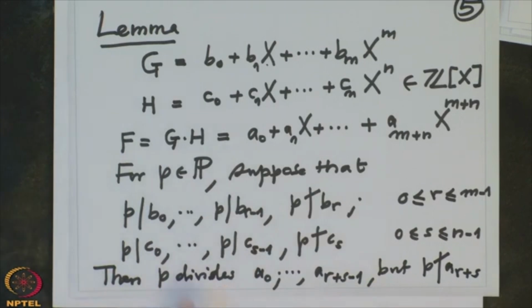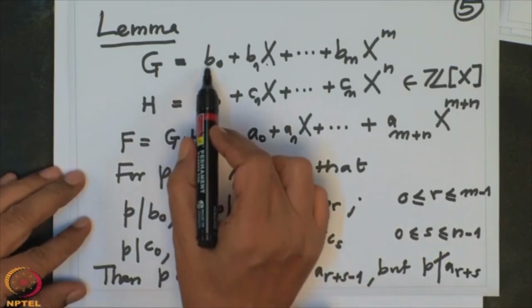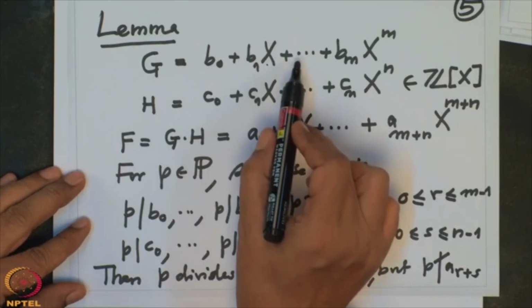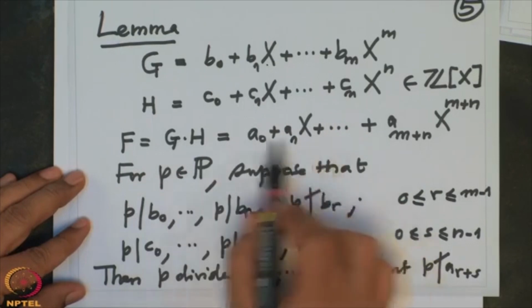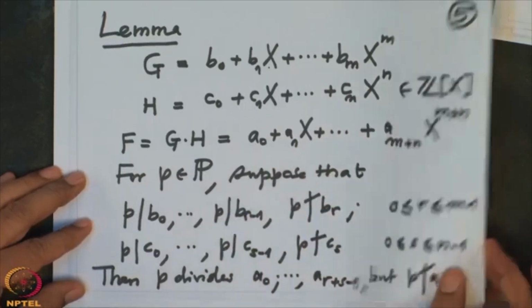Let us prove this. This is a very useful fact. p divides up to some place and then doesn't, and the same thing happens for the product. Okay, let us prove this, and then we will deduce the consequences.